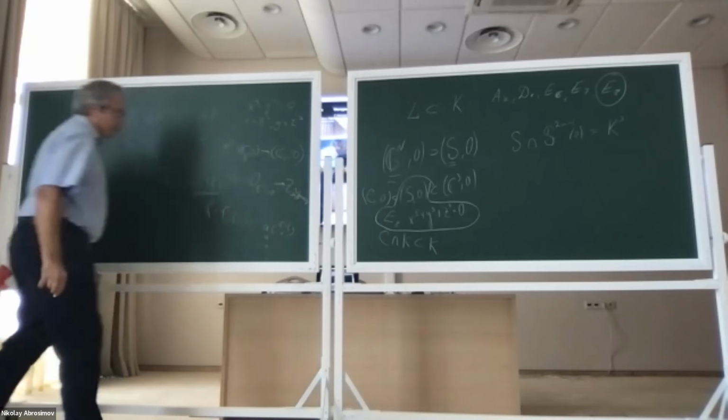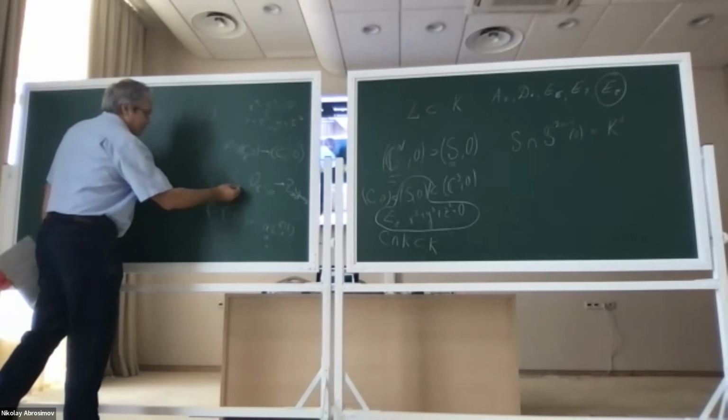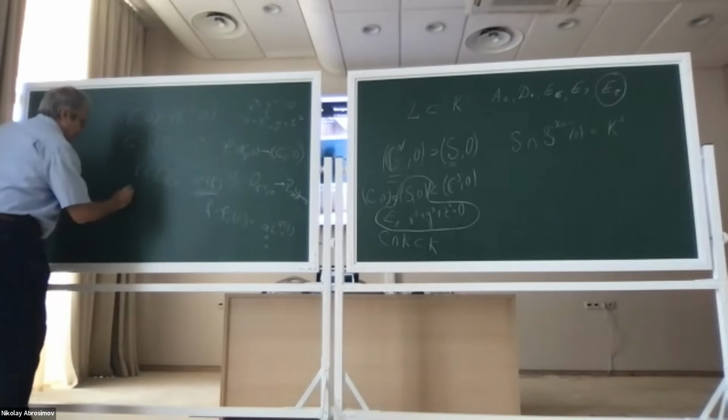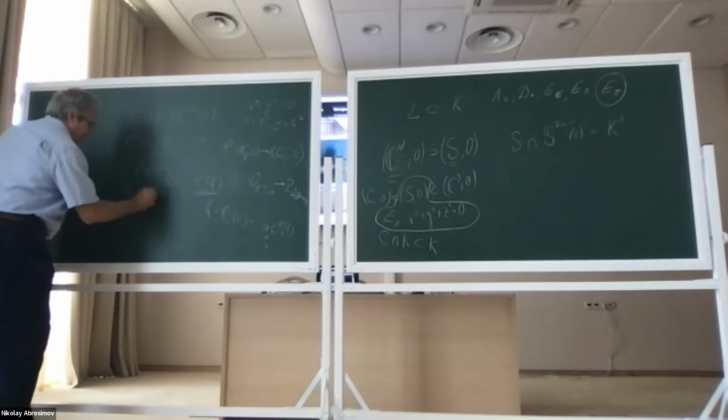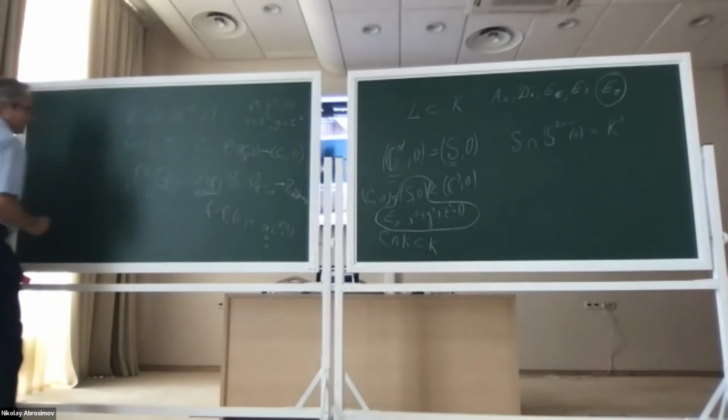And after you have these valuations V1 through VR, one can determine a certain filtration on the ring of functions.